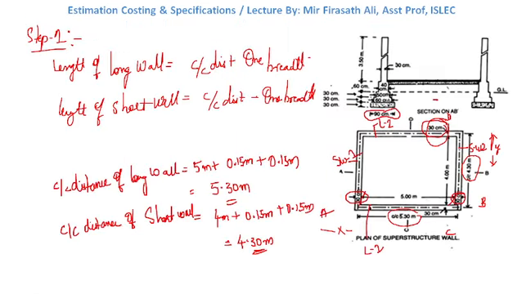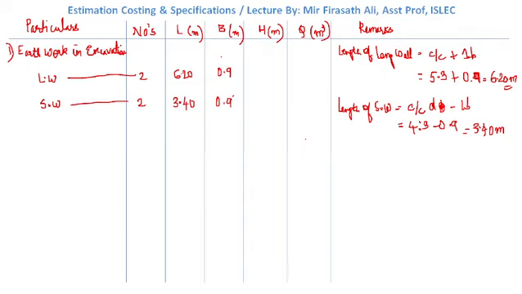So what is the height of the excavation? Height of the excavation is till ground level. See, till this ground level we need to add this 0.30, so 90 centimeter. So the height also becomes 0.9 meters. We call it height or depth.